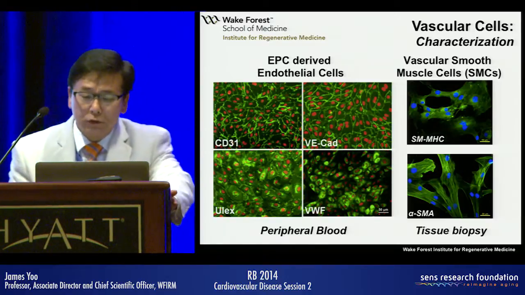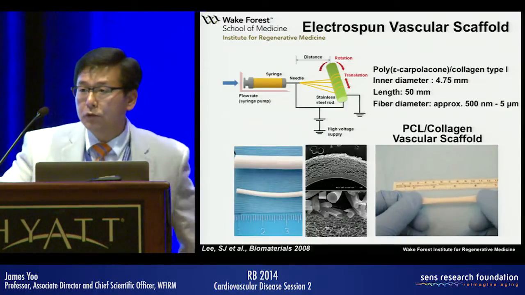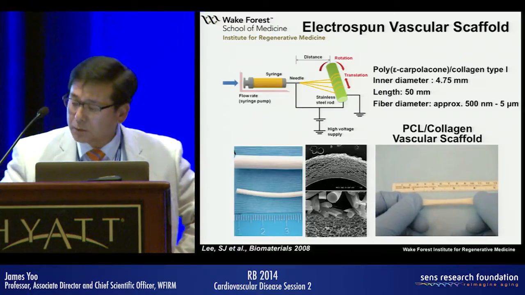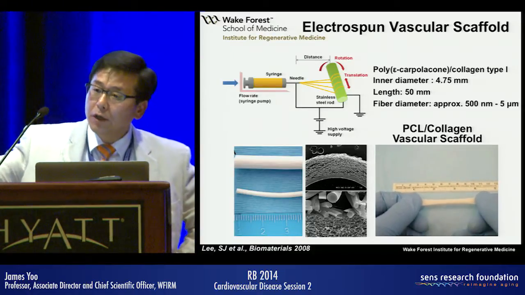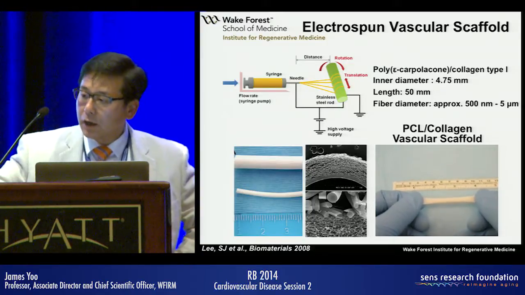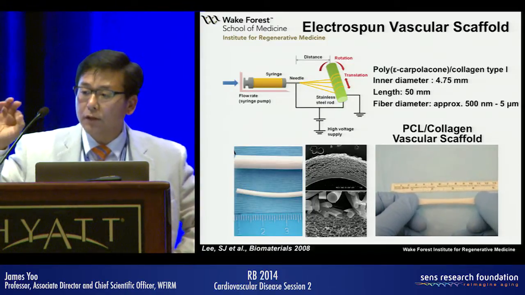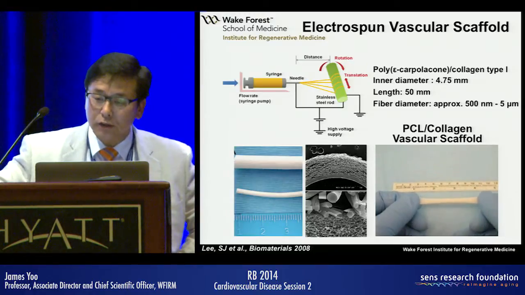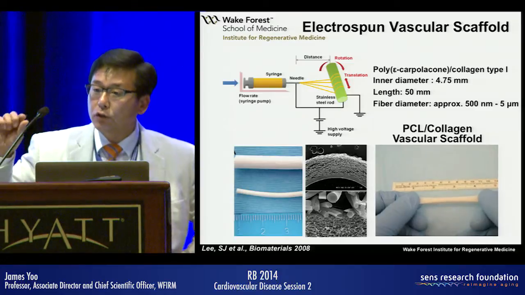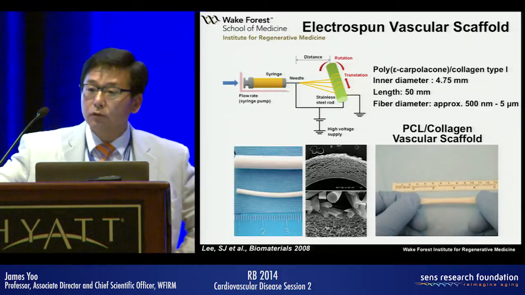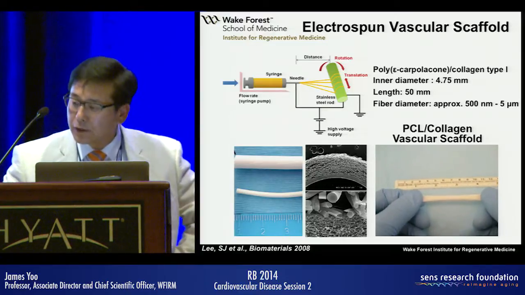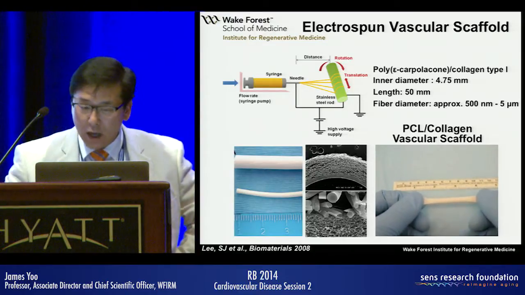So once we do that, we have used different types of blood vessels. We initially used a tissue blood vessel and removed all the cellular component and used it as a matrix. It worked very well, and we have used that for the AV fistula, for the treatment of hemodialysis access.